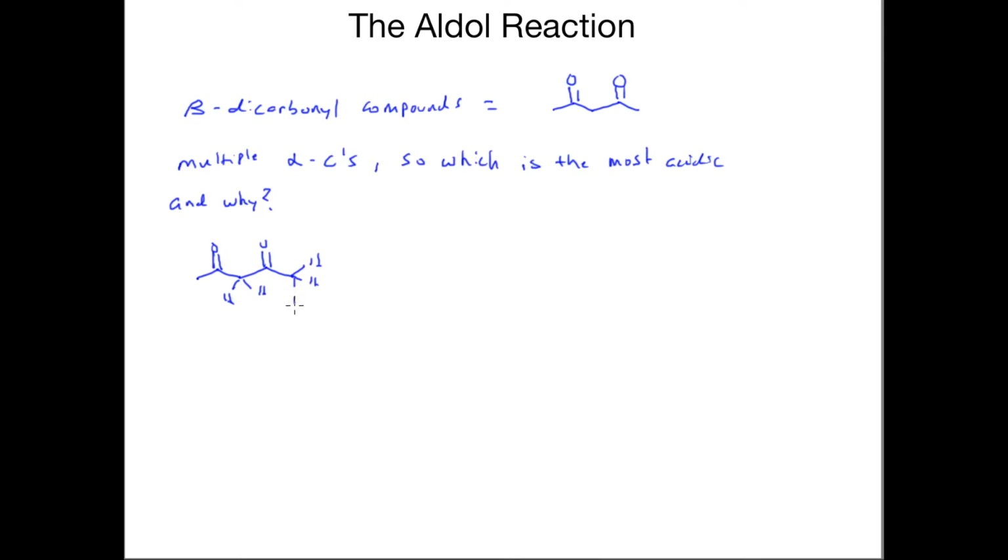Here's my keto going to my enol form, where I form the enolate, so I've got a minus charge there. If it were to go on the other side, it'd be the same thing. Either one is the same difference, so all of those three are basically the same. I can see that I have one resonance structure that I can draw for that.